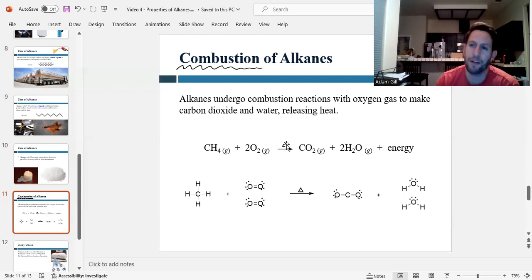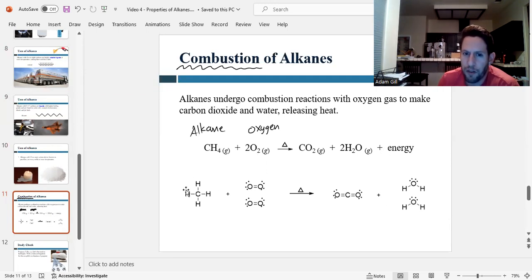We burn alkanes. And so in a combustion reaction, you're taking an alkane and you're reacting it with oxygen gas, and you're producing carbon dioxide, water, and energy. And so here's just Lewis structures showing you.